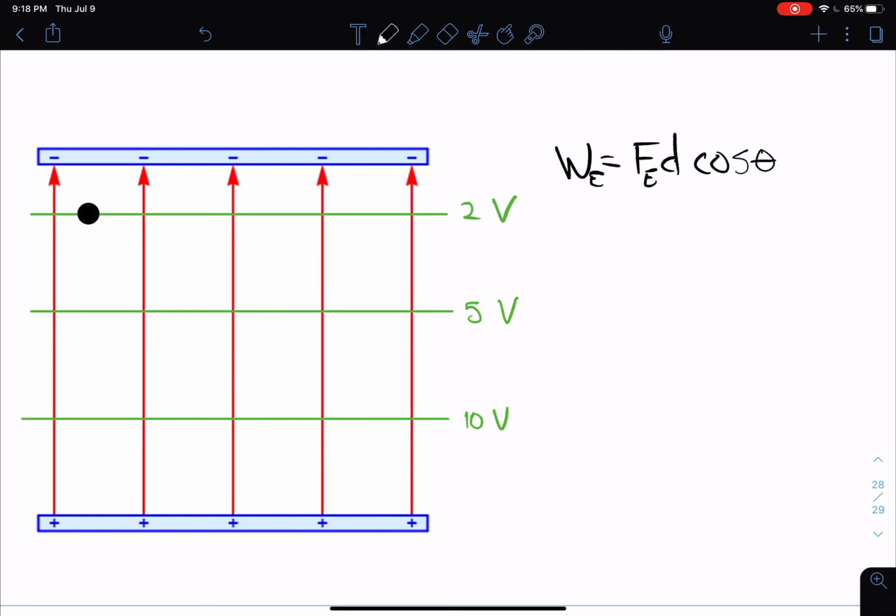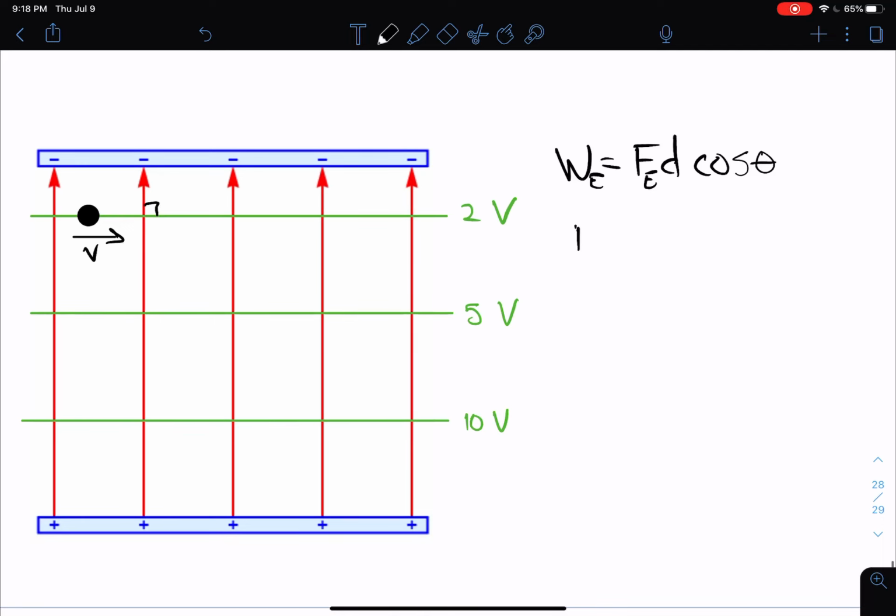Okay, so let's say I move this charge to the right. That's its velocity, it's to the right. Now remember that these E-field lines are perpendicular to the equipotential lines. That's important to know because remember that the electrostatic force is equal to the charge times the electric field.